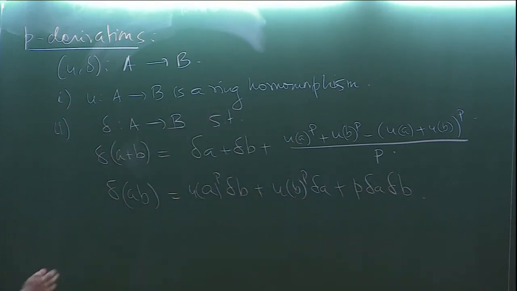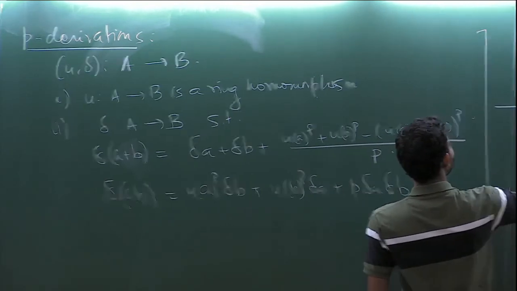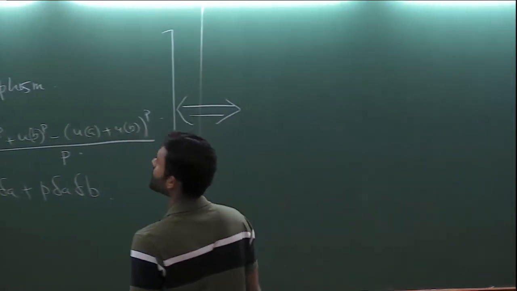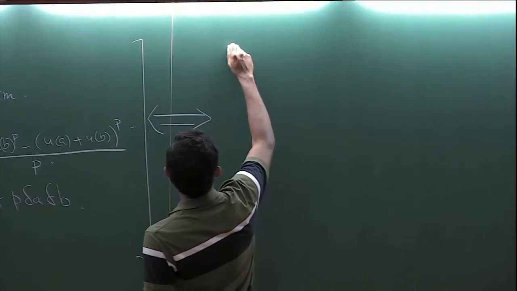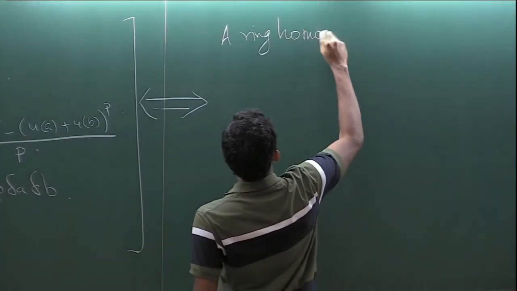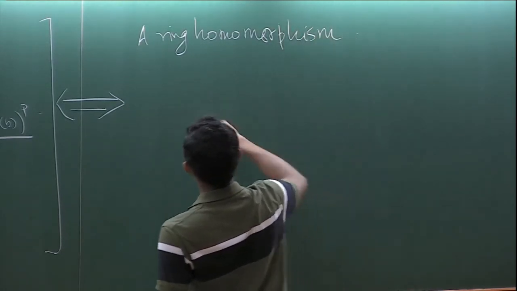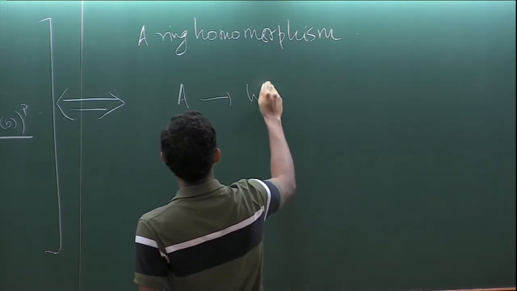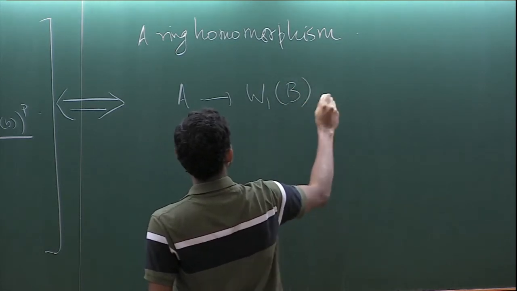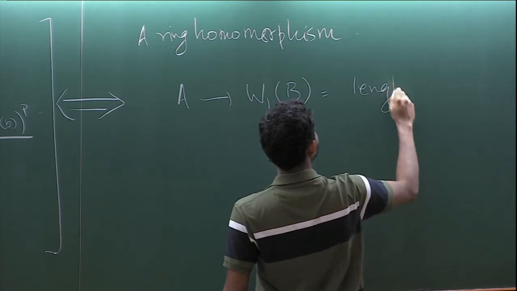These are the rules that we saw, which make a p-derivation. And we also saw that this piece of data is equivalent to actually giving a ring homomorphism from A to the Witt vectors of B. So this is the length 2 Witt vector.